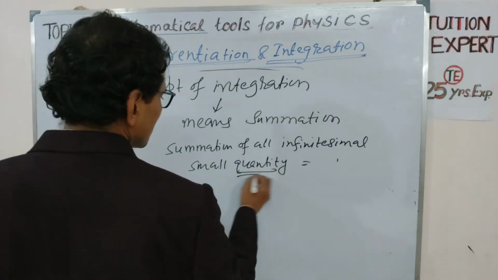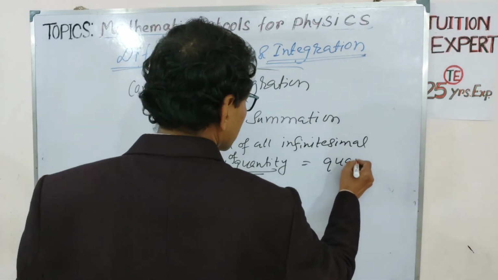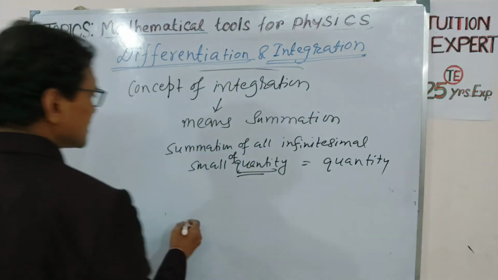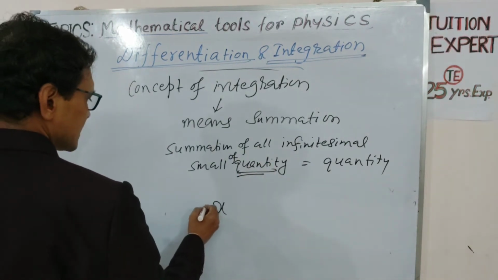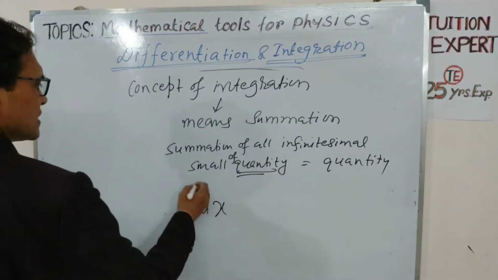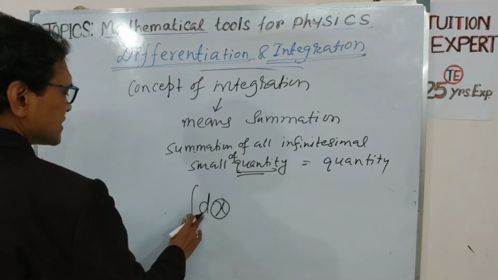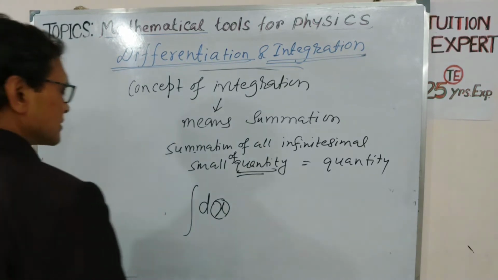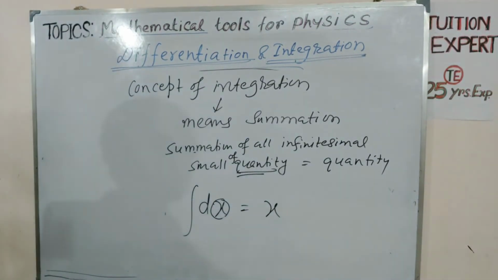Small quantities summed equal the whole quantity. Suppose the quantity is x, an infinitesimally small quantity means dx. If we sum, that means integrate, the summation of infinitesimally small quantities of x equals x. This is the basic concept.